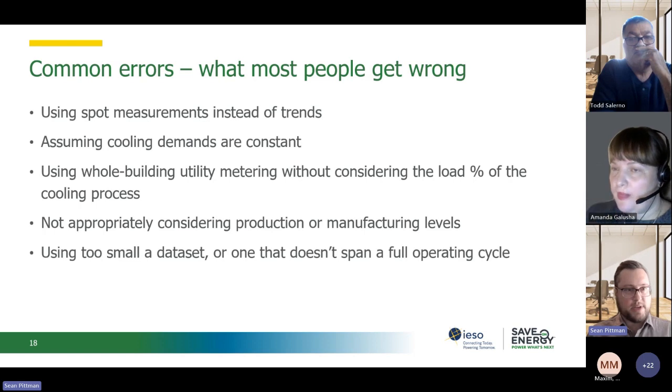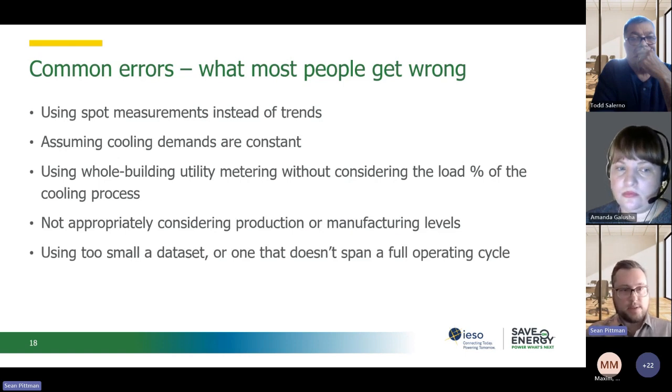If you use a spot measurement at peak, is that going to hold at a lower production estimate? If you measure it in the summer, is that the same as measuring it in the winter? Not having a big enough sample really can affect the accuracy of your savings estimates.